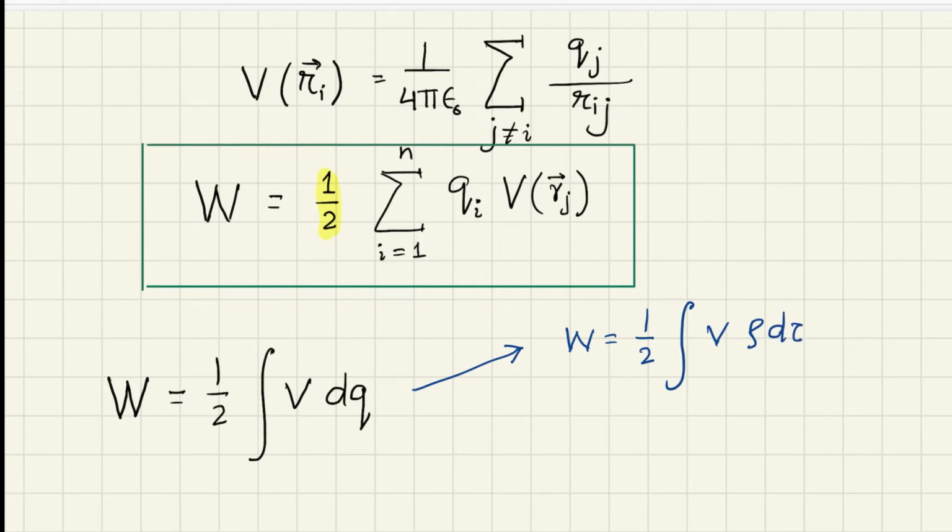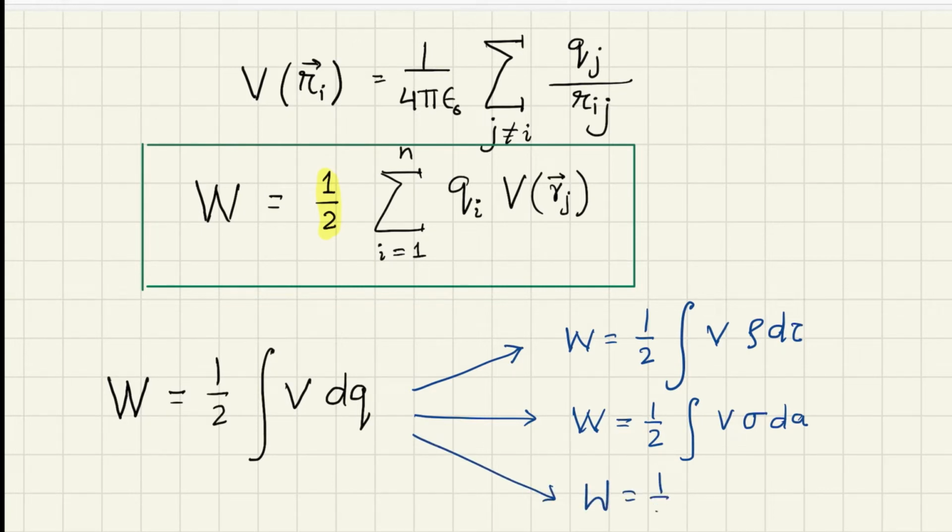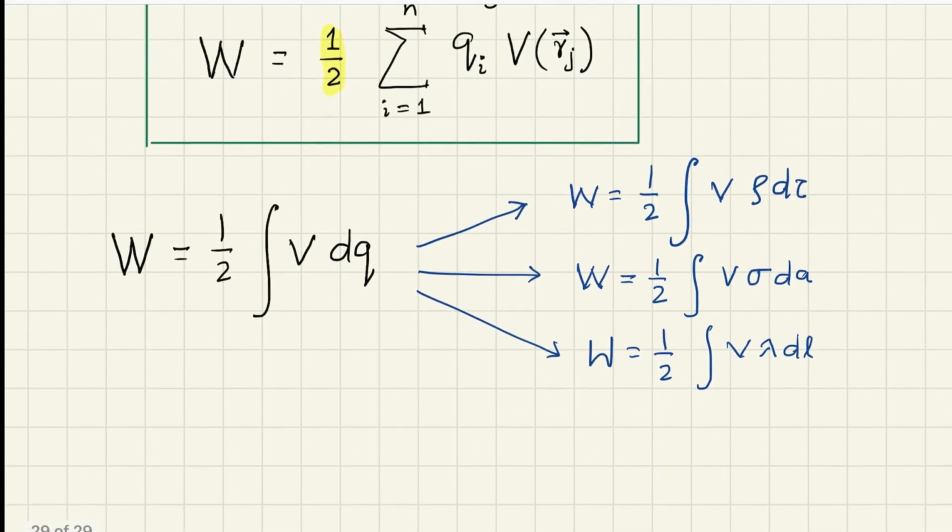For a surface charge distribution, this takes the form of V sigma dA. I'm just expanding dq. And for a line charge distribution, W is equal to half the integral of V lambda dl.